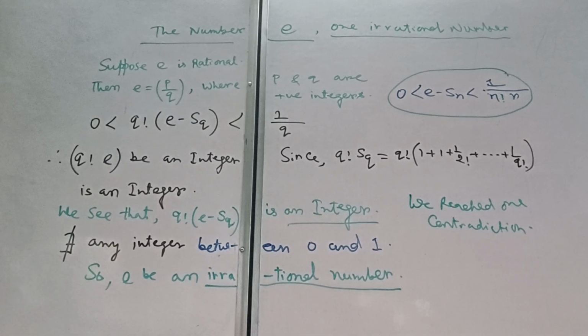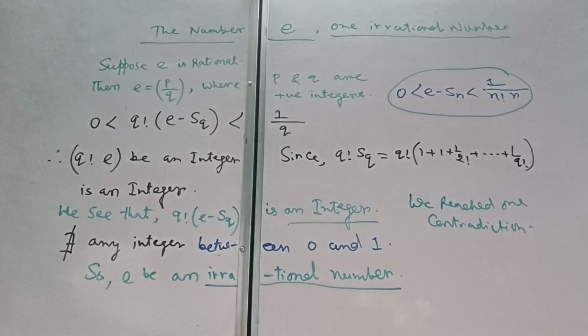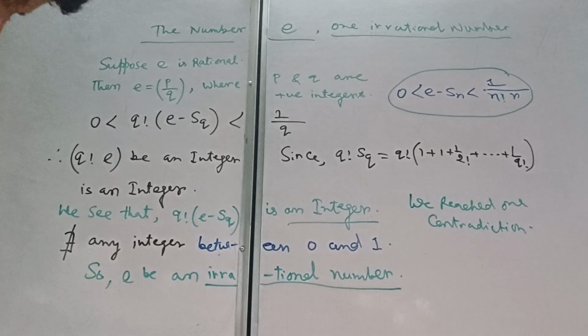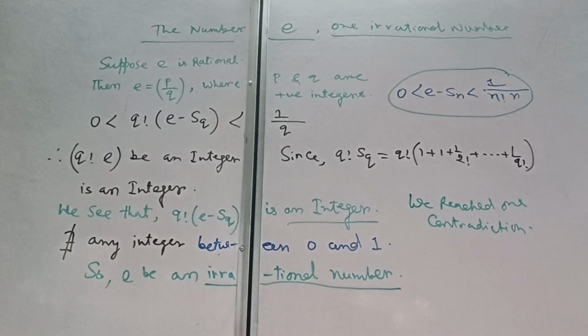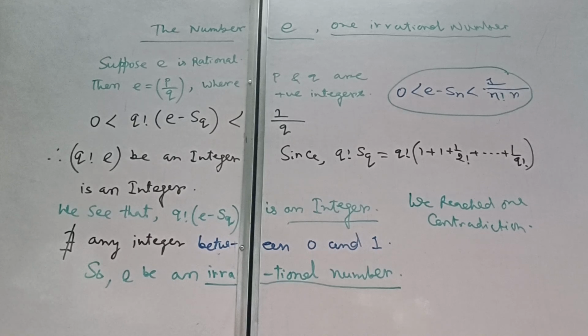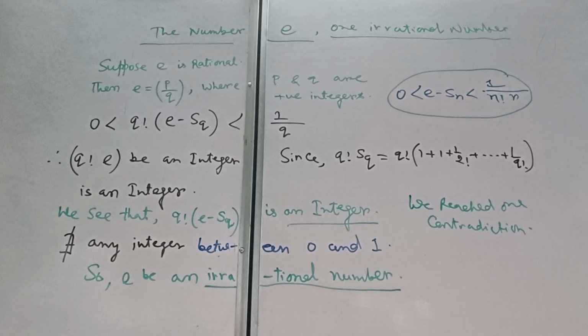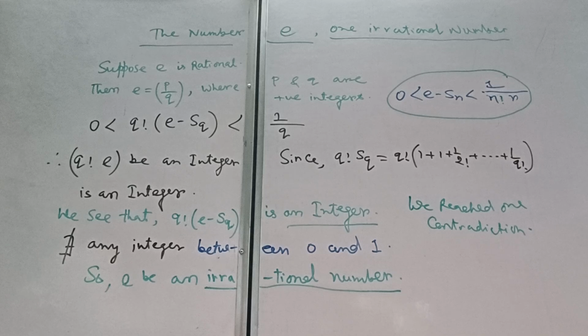So we also discussed 0 less than e minus Sn less than 1 by factorial n multiplied by n, and we also discussed that the limit supremum of Tn is less than or equal to e and the limit infimum of Tn is greater than or equal to e.